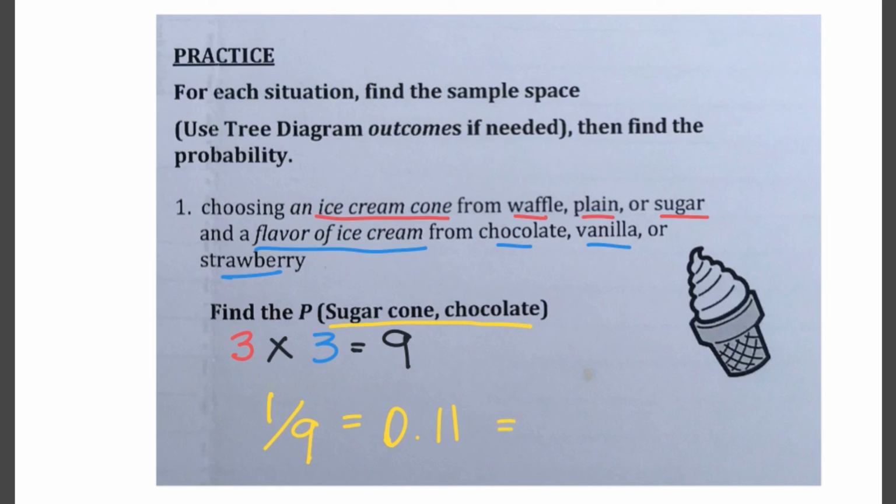Now the percent is 11%. Remember, we just can take that decimal, shift it over. And then is it likely to happen or unlikely to happen? This is unlikely. So it's not likely that somebody's going to choose that, but you know, there is a possibility.